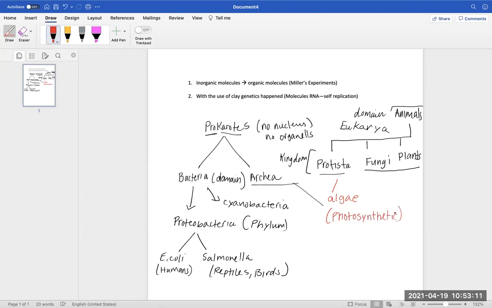So the ones that are photosynthetic. In this algae, we have red algae, green algae.